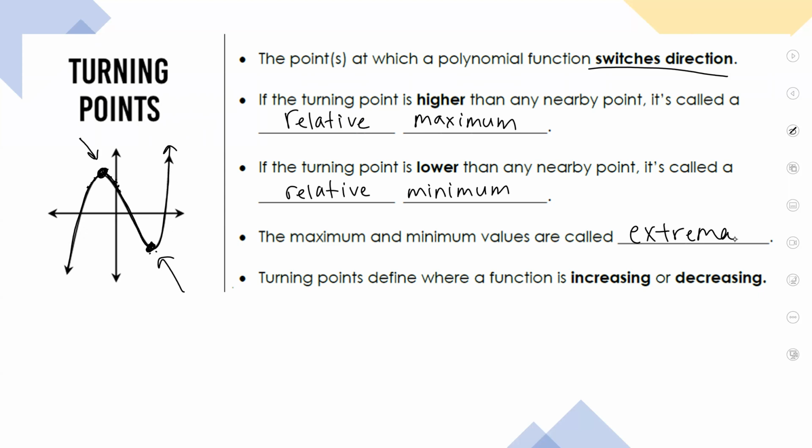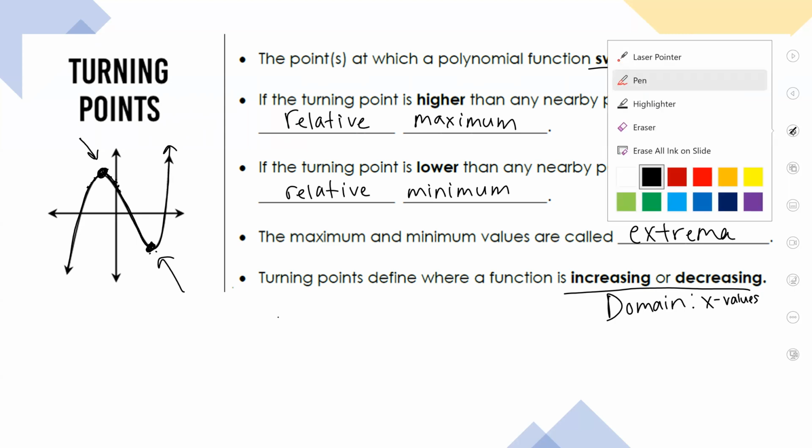Okay. Now let's talk about this last bullet point. Turning points define where a function is increasing or decreasing. Now, I want you guys to pay attention to the domain. When we're talking about increasing or decreasing, we're looking at the domain, meaning we're looking at the x values, okay? So let's look at this graph over here. I'm just going to give you an example.